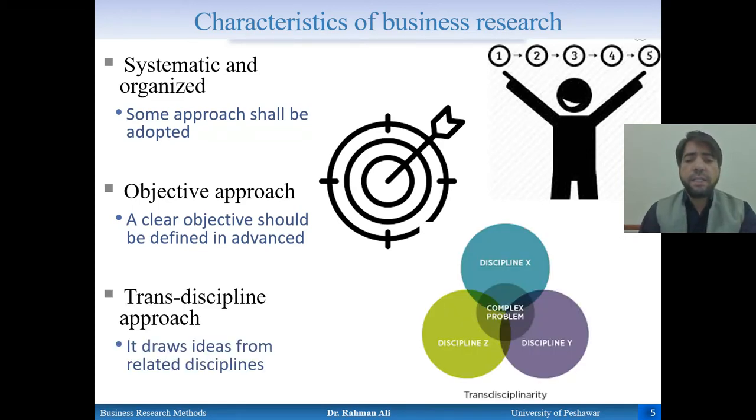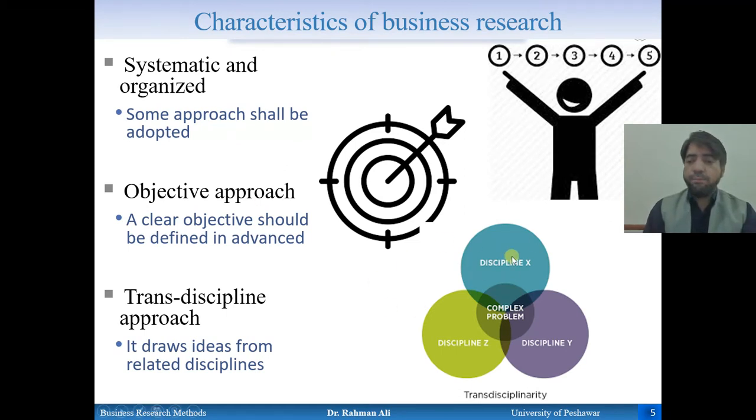The third characteristic of business research is its transdisciplinary approach. What we can say here is that it's a multidisciplinary approach, and we cannot take it as a single entity to complete a business research.